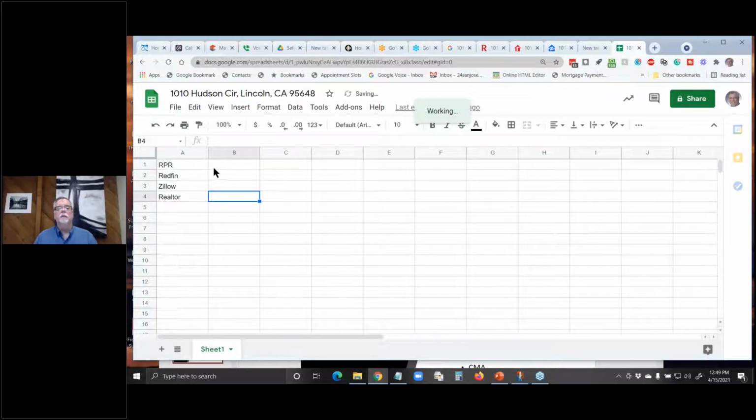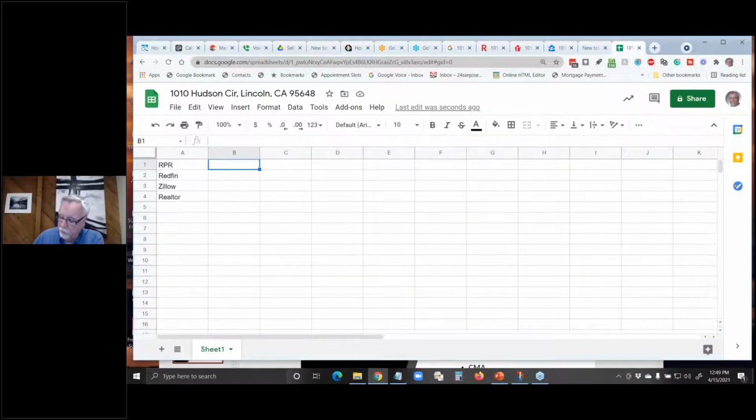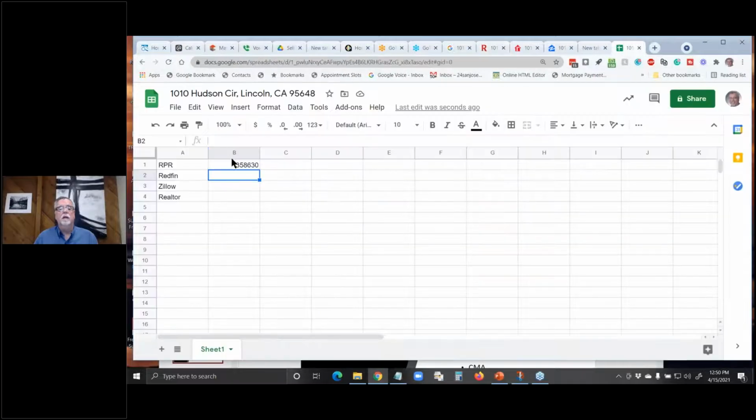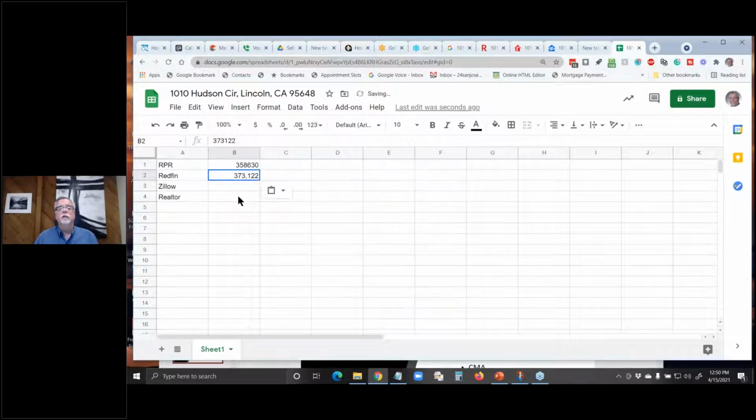Then I would look at this and find it: 358,630. And then Redfin says 373. Sometimes you can, I'm extremely lazy when it comes to these things, so I'll just copy and paste that in as values only.